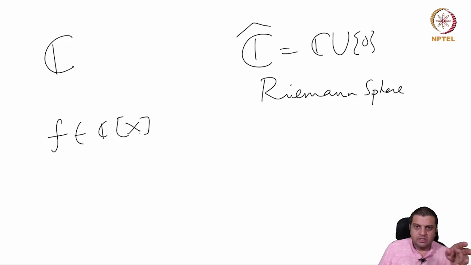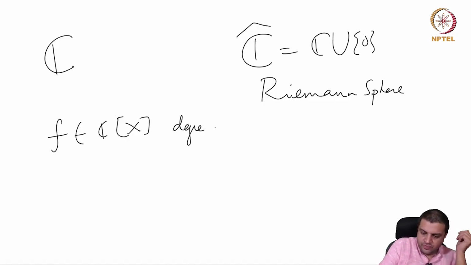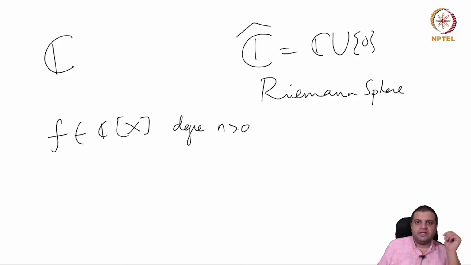It's an entire function, holomorphic all over C, and let's say the degree is n, and for simplicity, let's assume it's not constant, so positive degree. It is true for constants also. If we think of f as a function from C to C, it has n zeros. That's the fundamental theorem of algebra.